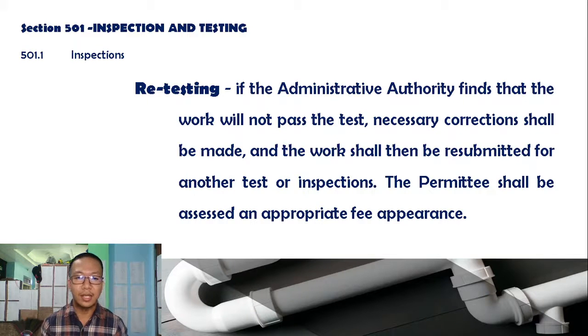Necessary corrections shall be made, and the work shall then be resubmitted for another test or inspection. So if it fails, you must have it repaired or redone, and have it tested and checked again. Of course, when you request another test, you resubmit all the required paperwork for another test or inspection. The permittee shall be assessed an appropriate fee.